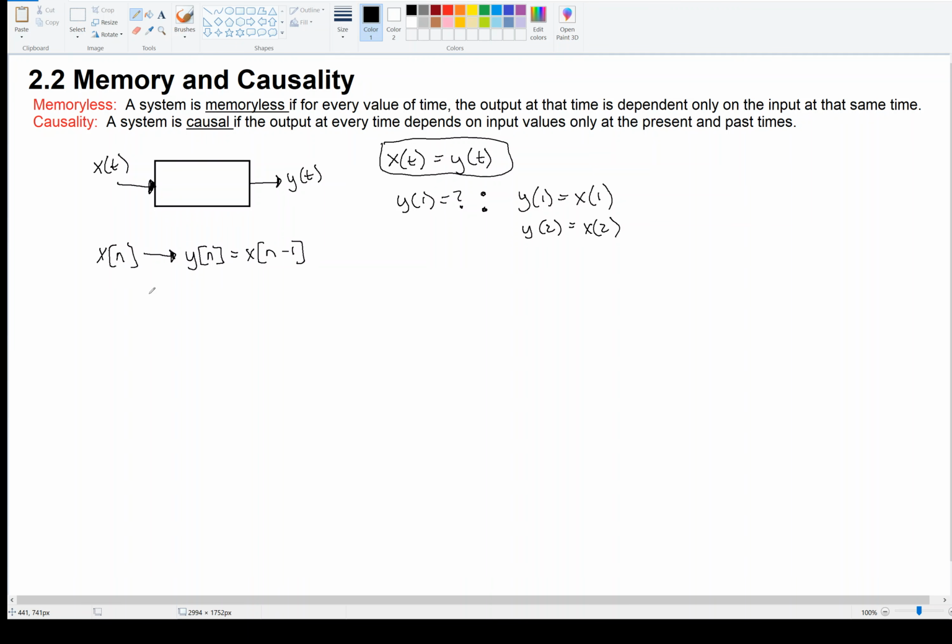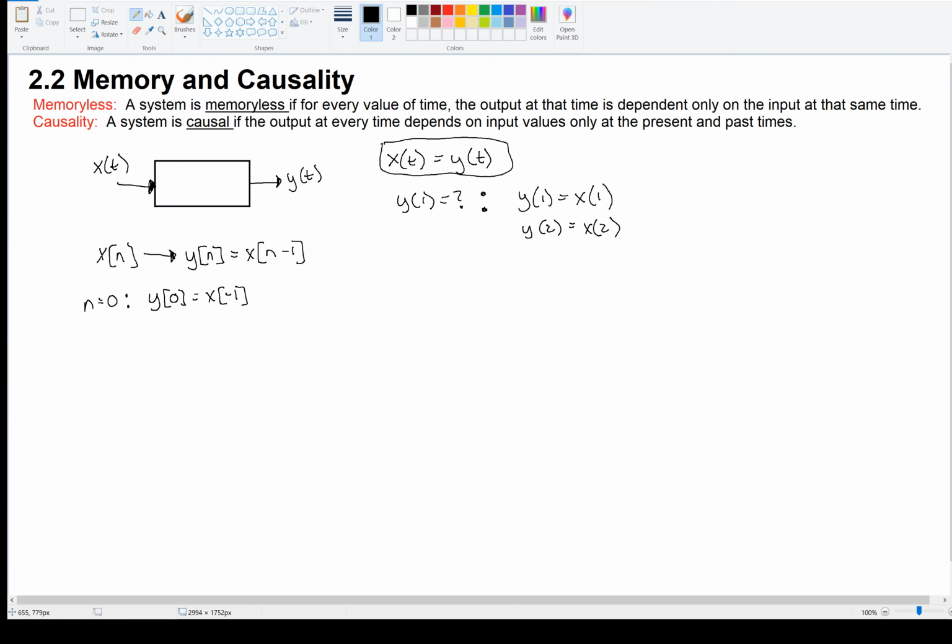If I want to know the output at n equals 0, at time step 0, then according to the delay, I need to know what the input was at time step -1. That is, I need to know what the input was 1 sample ago, because this is a delay.